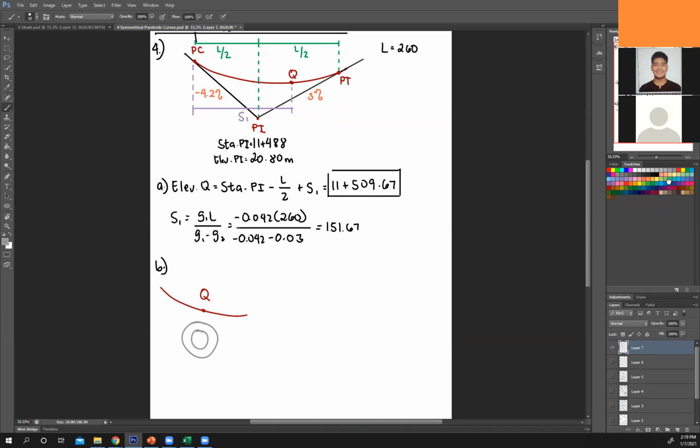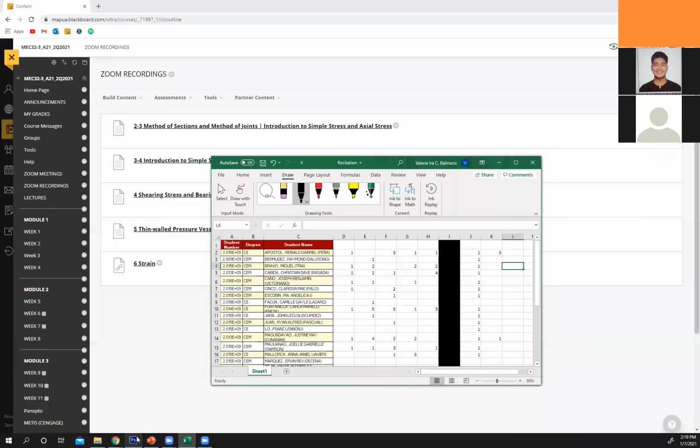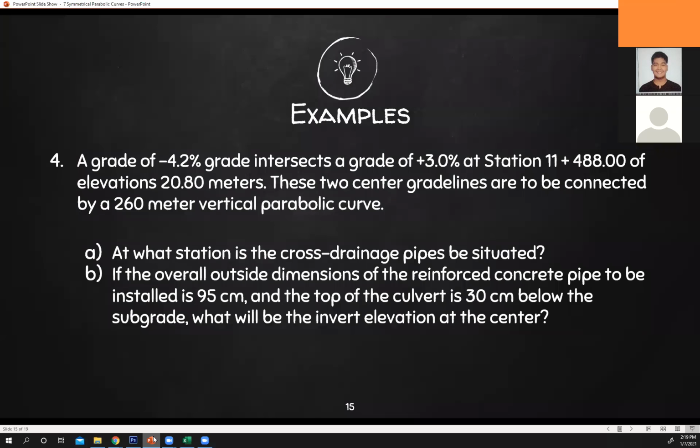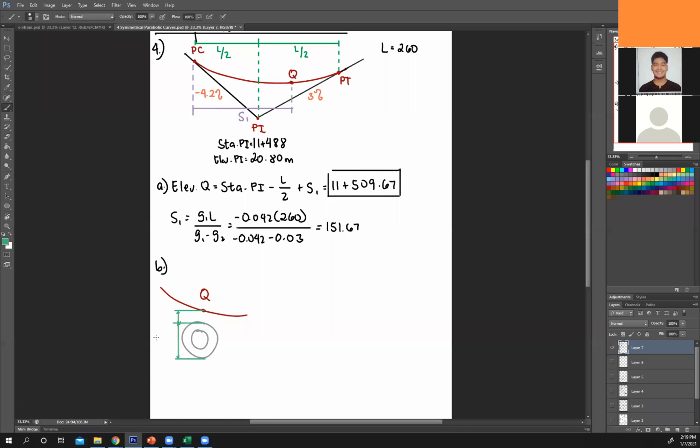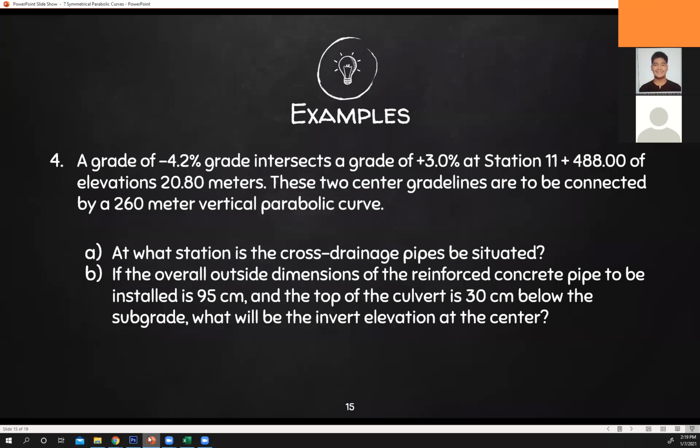So the dimensions are: the diameter of your culvert is 95 cm. Next, the top of the culvert is 30 below the subgrade.